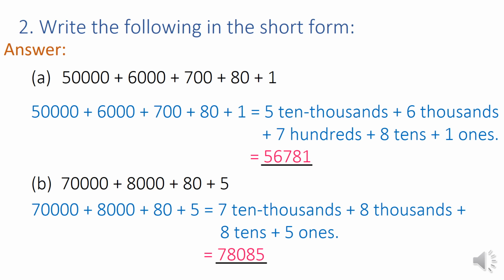In this question, no number is given in hundreds place. So write 0 in hundreds place. So the short form of 70,000 plus 8,000 plus 80 plus 5 equal to 78,085. Okay.